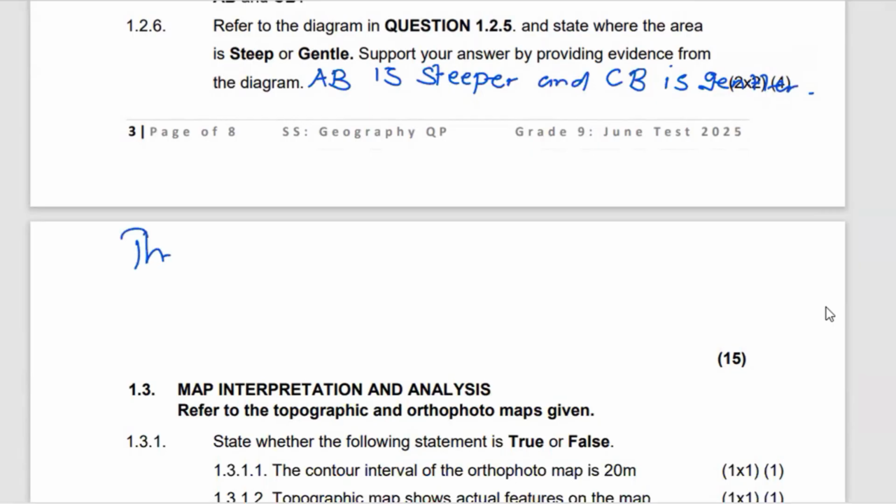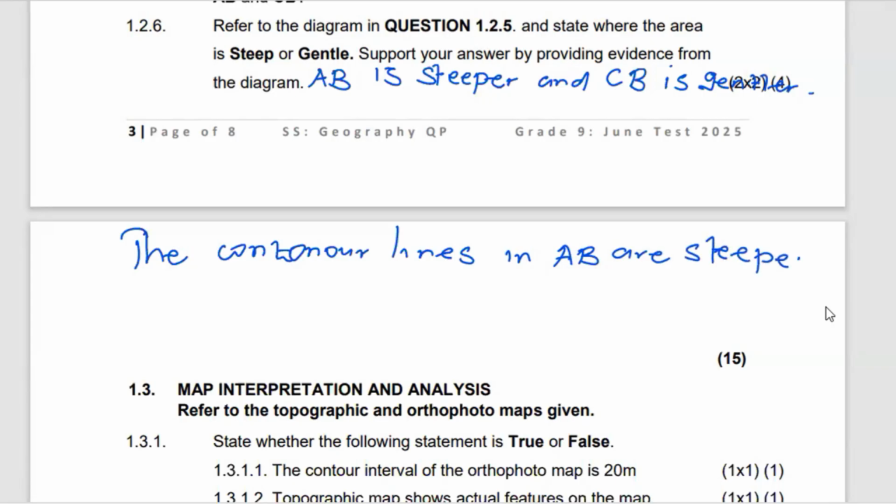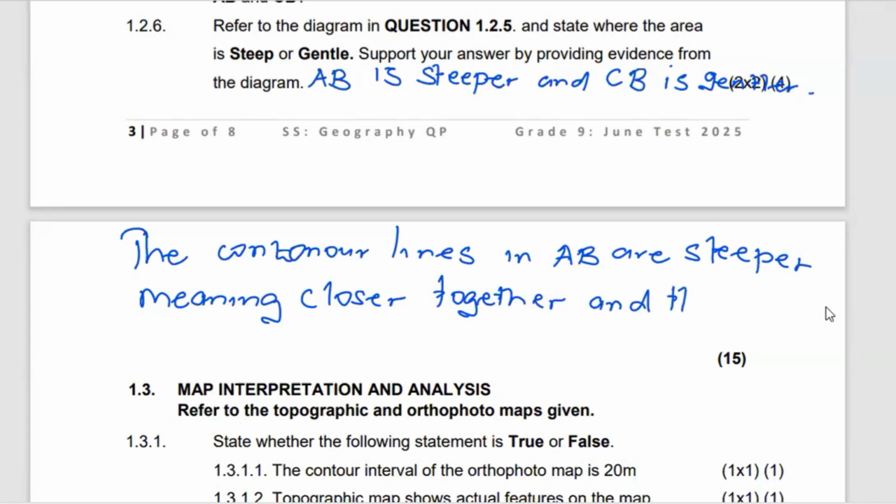Okay, so the contour lines in AB are steeper, meaning closer together, and the contour lines in CB are apart from each other.